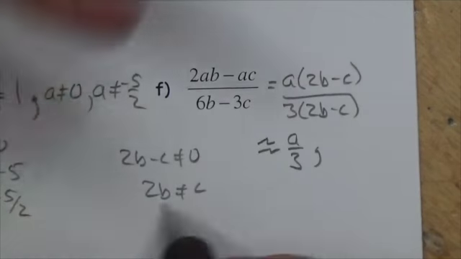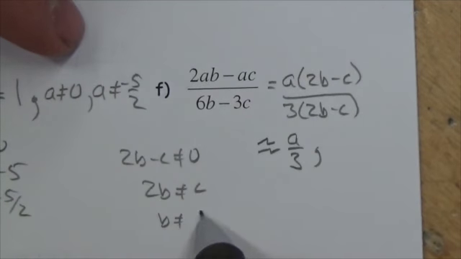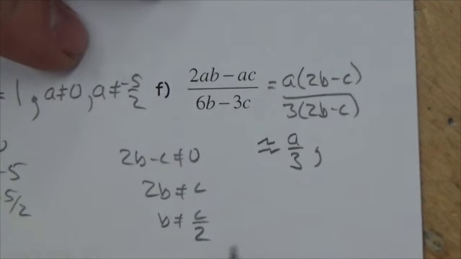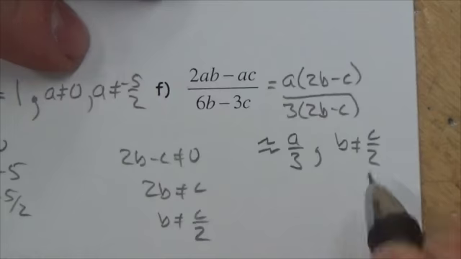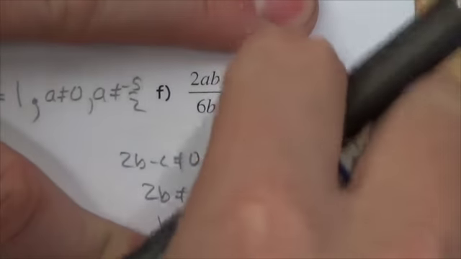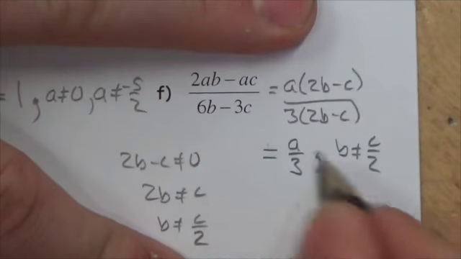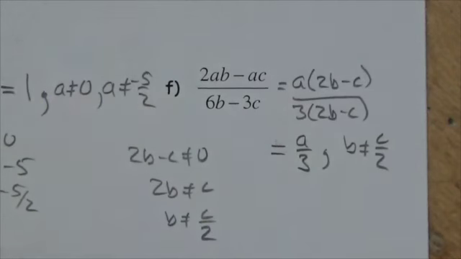And I mean, you could leave it like this if you wanted. I suspect most of us would probably do that. B can't equal c over 2. Okay, b can't equal c over 2, and as soon as I do that, I can use the equal sign. There you go. And now we'll spend some time looking at more complicated rational expressions.